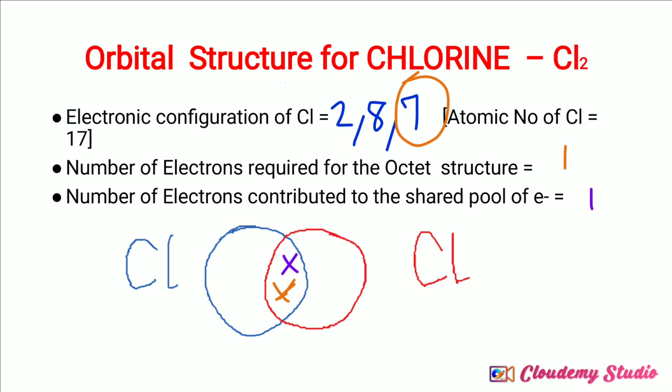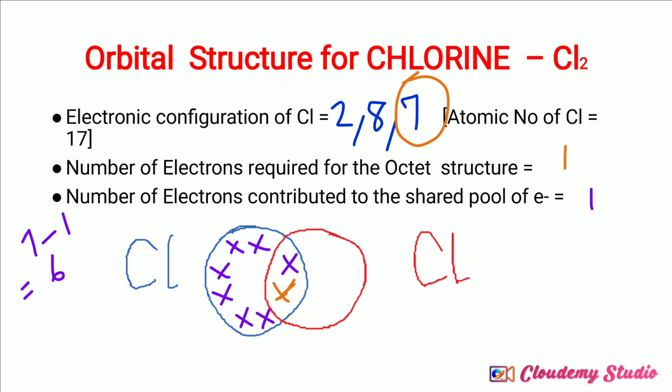Therefore, how many electrons do we need to mention at the outermost shell? That is 7 minus 1, which equals 6. So we need to mention 6 crosses at the left hand side chlorine atom.